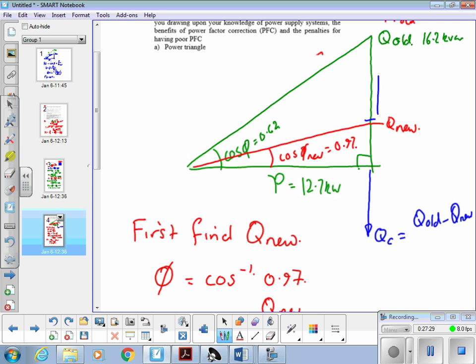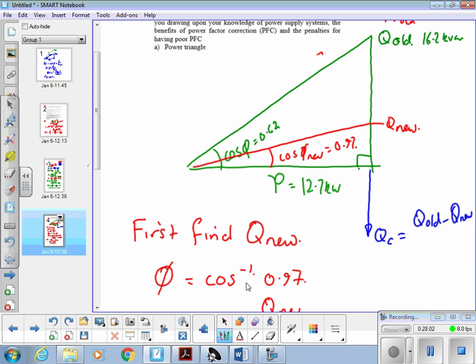Because this value here is effectively pulling that line downwards and improving the power factor angle, reducing the line current. Because if this line here comes down, it must be getting shorter because power's not changing. All agreed? So this Q in here is equal to the old Q minus the new one.